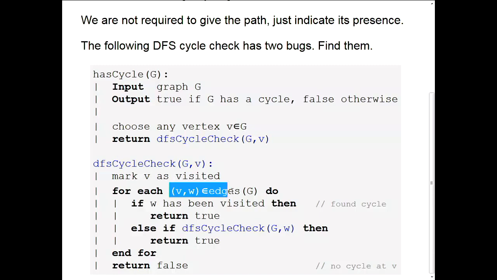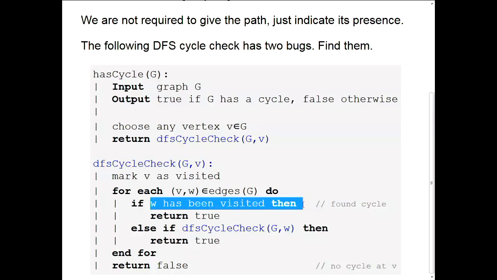Then we look at all the outgoing edges, all the neighbors W. If W has been visited, then we have found a cycle. We went back to a node that we have already visited, and therefore we return true. If W has not been visited, then we continue recursively to do the depth-first cycle check.